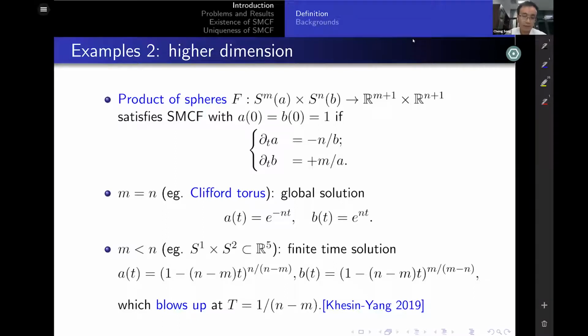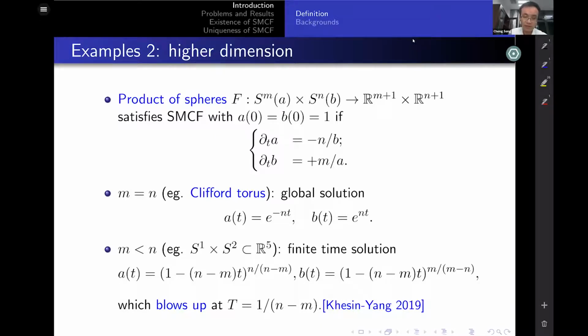In particular, when the spheres are of the same dimension, then the flow exists globally. And as you can see, the radius evolves as an exponential function of time. One of the radii is shrinking while the other is expanding.